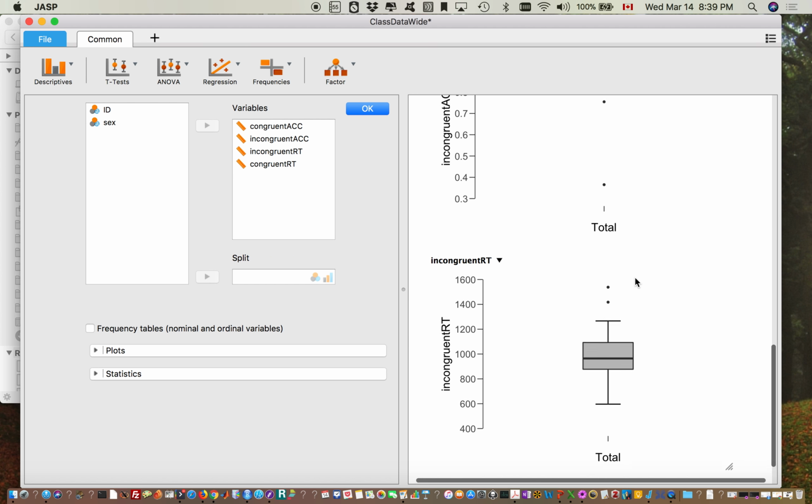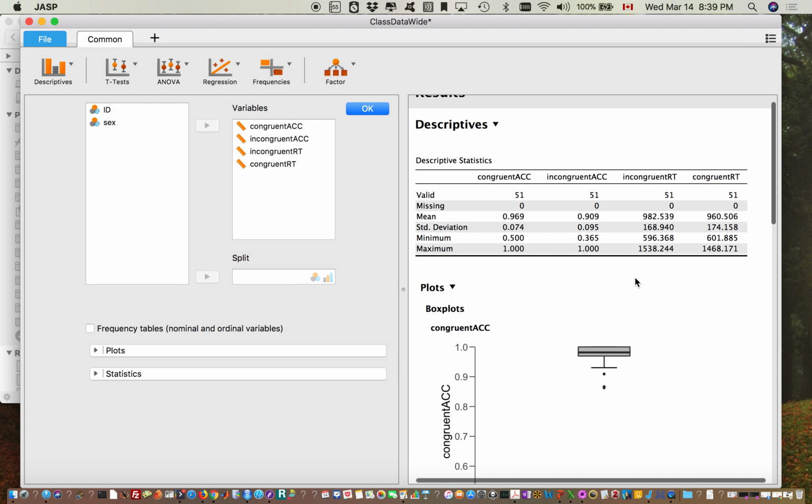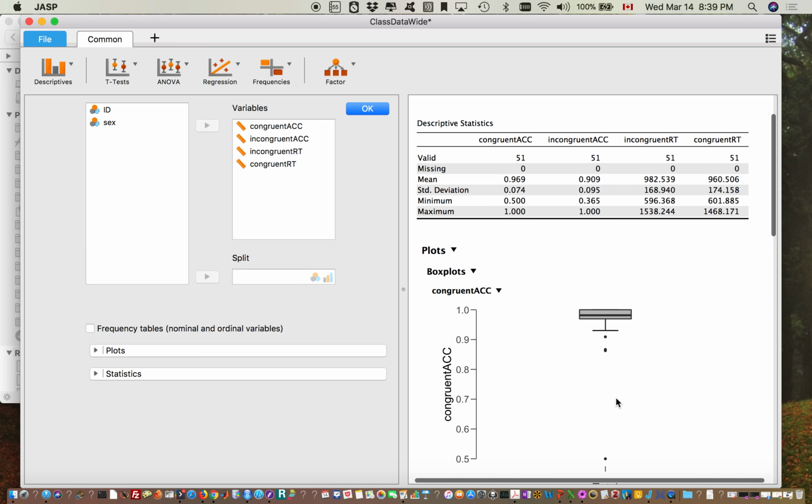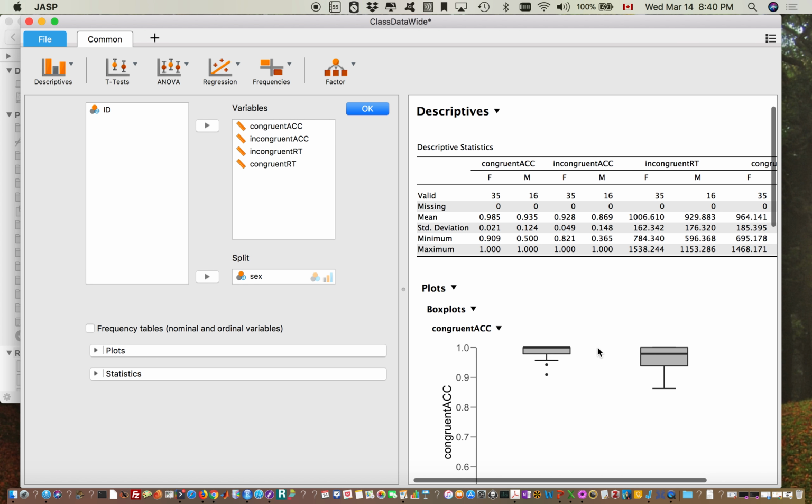So one thing that we notice is because the hypothesis is about gender or sex, we might want to split this data by sex, and we haven't done so yet. The way that we would do that is actually to highlight the sex item here and move it into the split variable over here. So we can do that, and as soon as we do it, you'll notice that the table and the plots instantly update, and now it's split by gender.